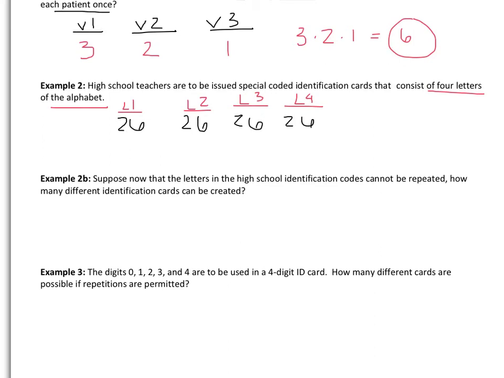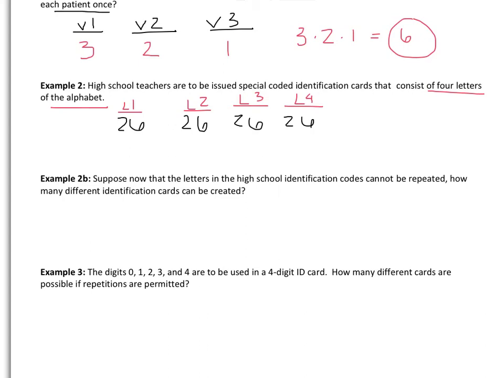Okay, think about it. We could have an ID that is AAAA. We could have an ID that is AABB. We have all different options. So every single time we can choose 26 different letters. It doesn't matter if the letters repeat or not. Once we have our categories and then how many options we have within each category, we can go ahead and multiply.